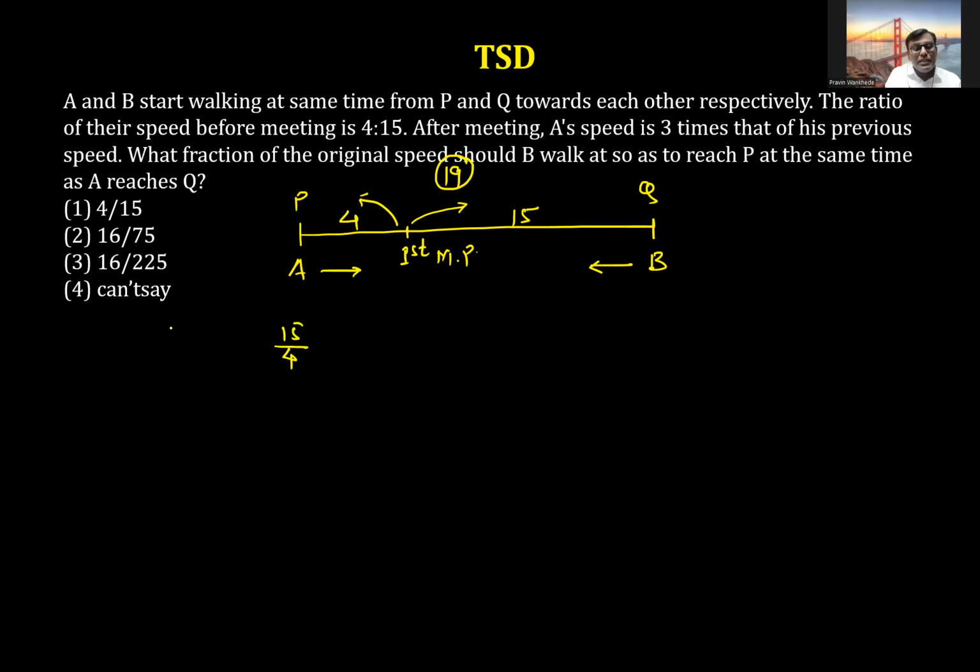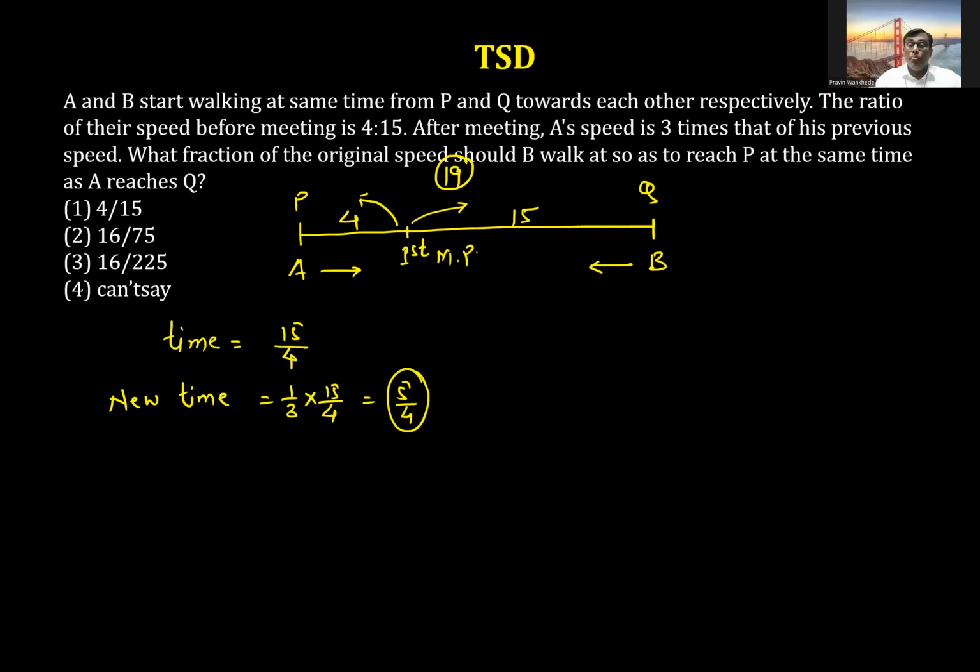So this should be the time taken by A to reach Q, correct? This was the actual time, but as per the new condition, A has increased his speed to 3 times his original speed, which means the time will also be 1/3. Now the new time required by A to reach Q should be 1/3 of the previous time, which will become 5/4.